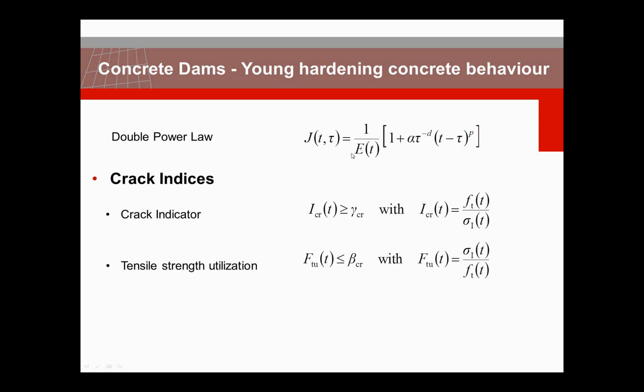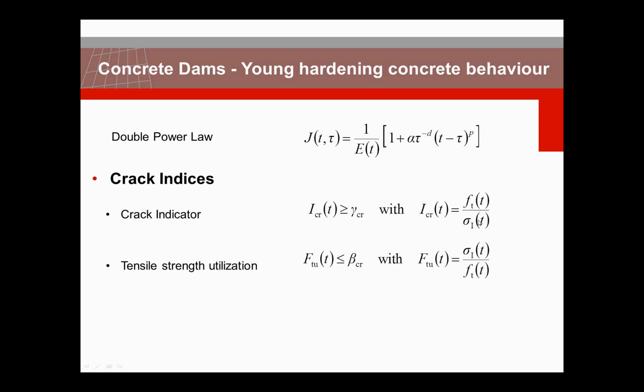You see the Young's modulus here in this version, which is a function of time or a function of equivalent age. And we did a linear elastic analysis, but we compared the principal stresses, as you see here, with the tensile strength. Tensile strength is a material parameter which will develop with the hardening of the concrete, so it's a function of time or a function of maturity.